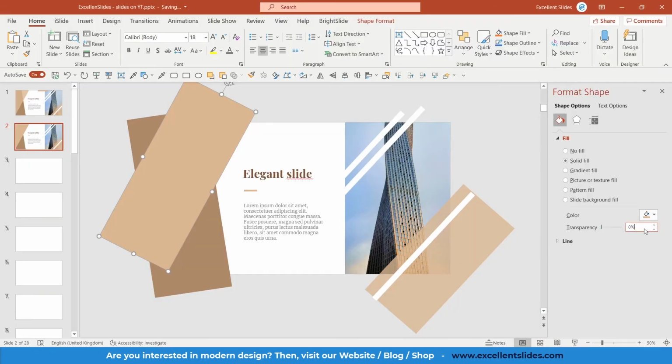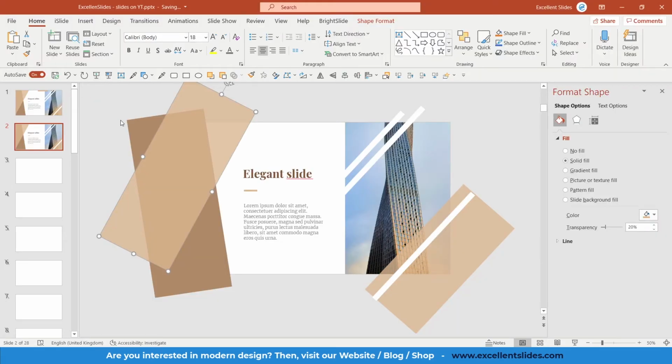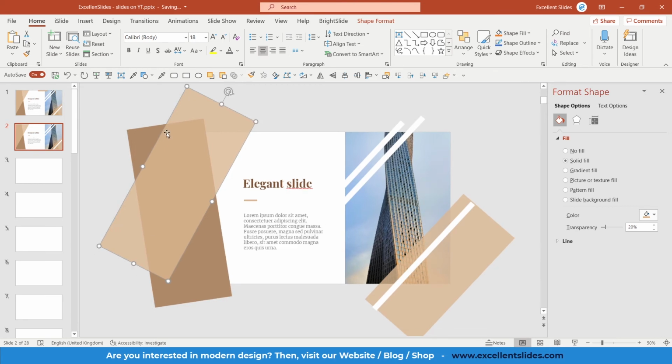But if I set transparency to 20%, as you can see, these two colors kind of blend together, right? So it looks really cool. And by the way, if you would like also to find out more about transparency in PowerPoint, I also recommend you to check out my earlier videos.